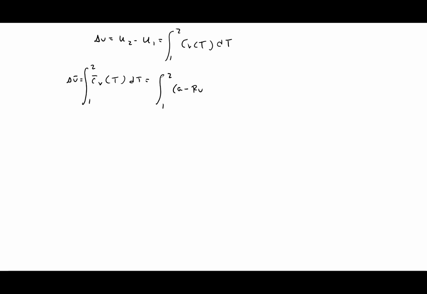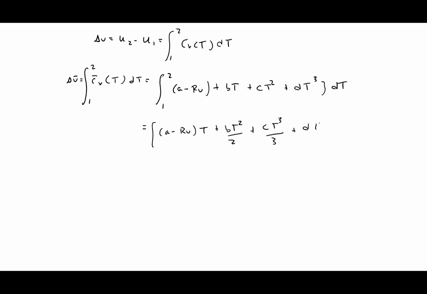So A minus universal gas constant plus BT plus CT squared plus DT cubed dt. So this is a pretty easy integration. We get A minus R_U T plus BT squared over 2 plus CT cubed over 3 plus DT to the 4th over 4, and then this is from state 1 to state 2.